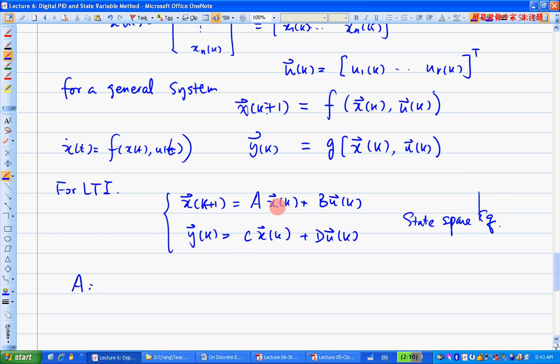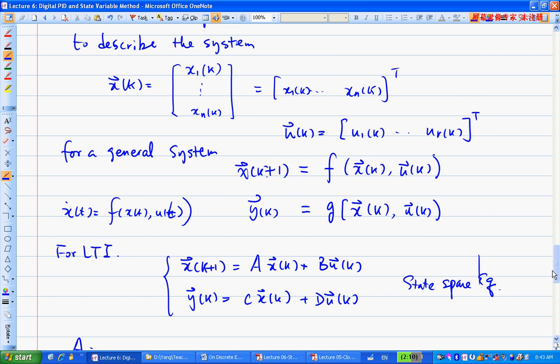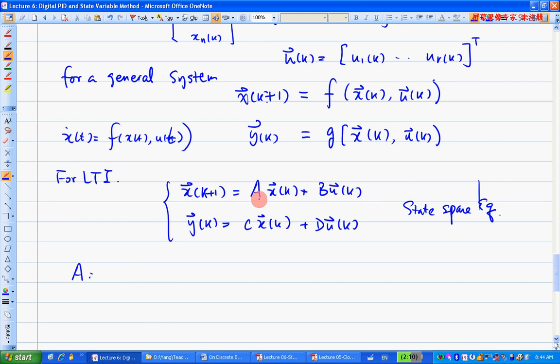If x is an n by 1 vector, where each element of the vector is a real number, then A matrix is an n by n real matrix.